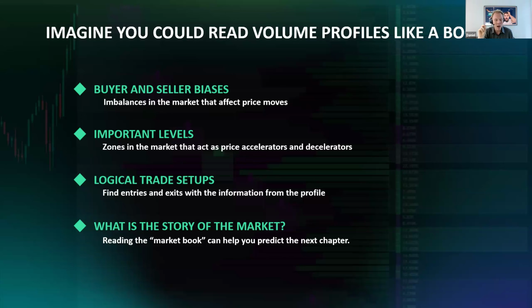And this is really the power of volume profiles, because it gives you a comprehensive picture of what is going on in the market. What is the story of the market? And of course, for every good story, you may have some imagination, some idea of what may happen next. And this is what a volume profile allows you to do.